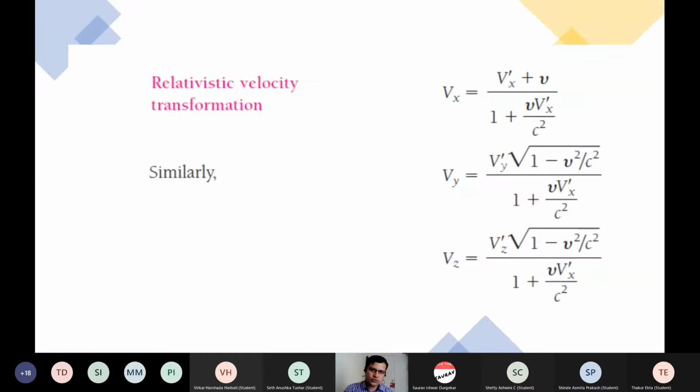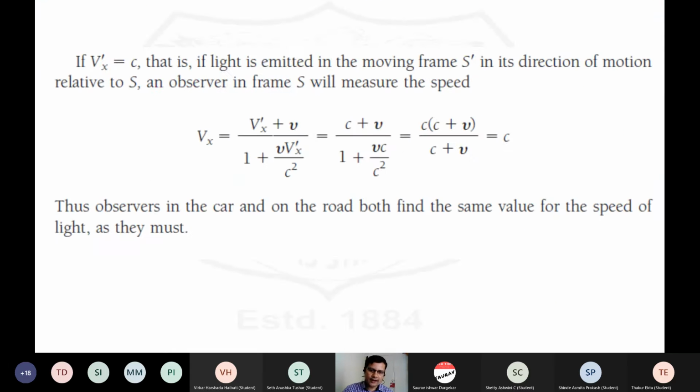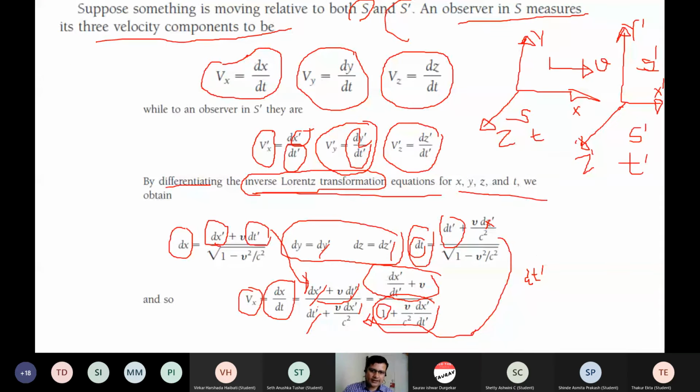Okay, so the formula which ultimately becomes the velocity vx: this dx prime by dt prime is the velocity, the vx prime component, okay? And this is the velocity v. So how does my equation become? I'm writing here the equation for vx.